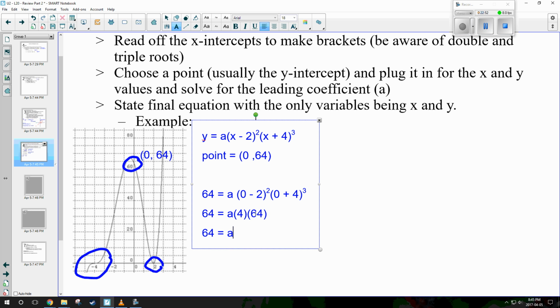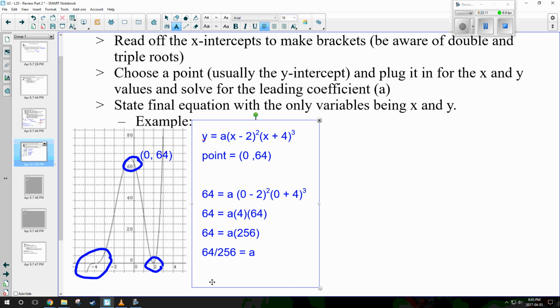Then we need to multiply those two numbers. So 4 multiplied by 64 gives us 256. And then our last step to get a all by itself is we have to divide out this 256 so that a is all by itself.